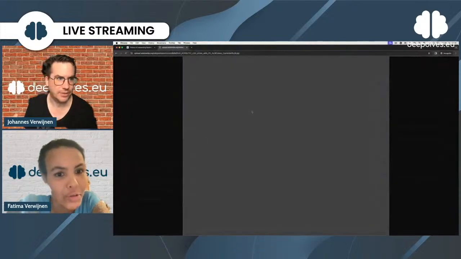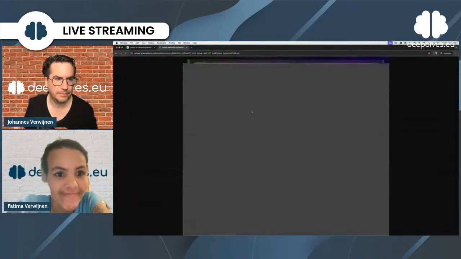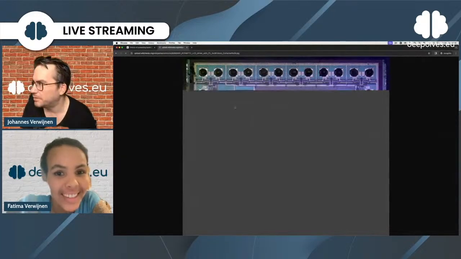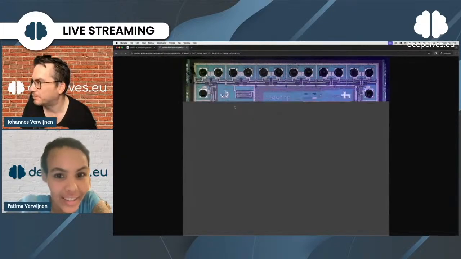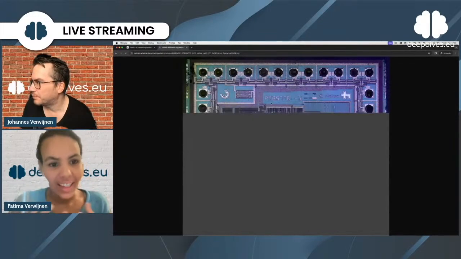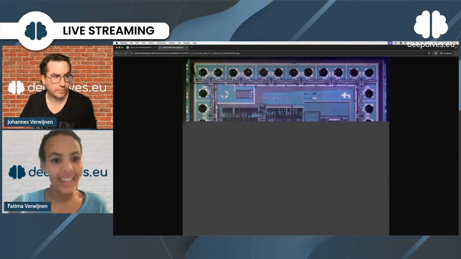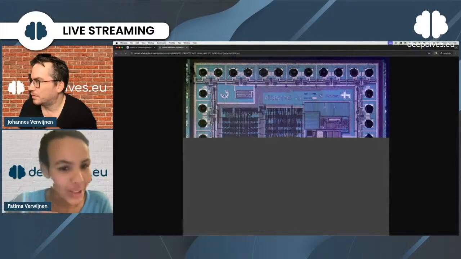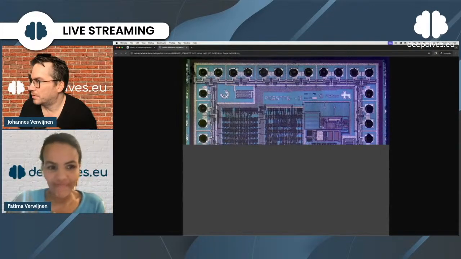That's very fine-tuned, very detailed engineering. This is a big step from Babbage's age, like you mentioned.